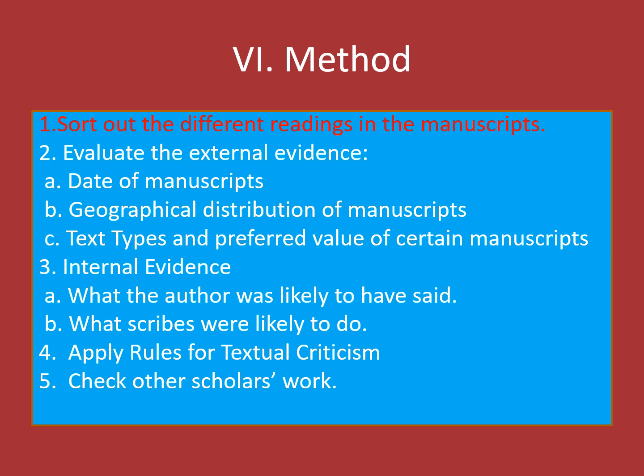Then we move on to something called internal evidence, where we're not looking at the manuscripts themselves, but now considering scribal habits and the author's habits, and so trying to figure out what the probable original reading was of a particular New Testament text by looking at both the external and the internal evidence.